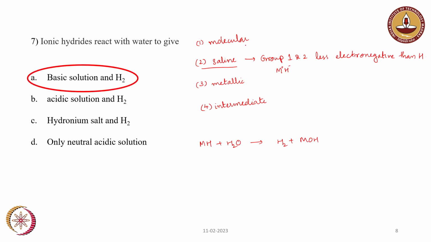The example for saline is group 1 and 2 hydrides. For molecular, it's hydrides of p block elements.